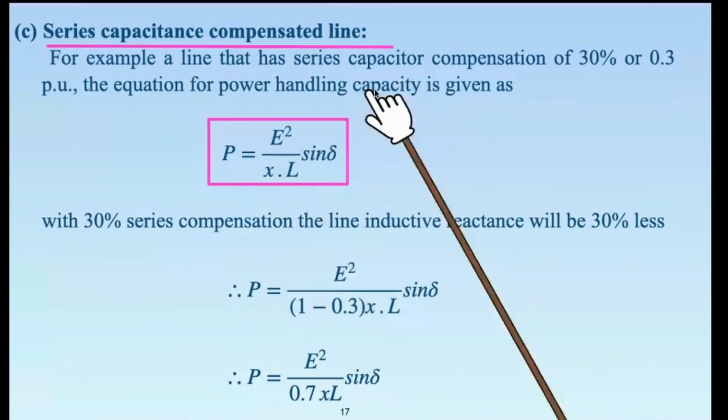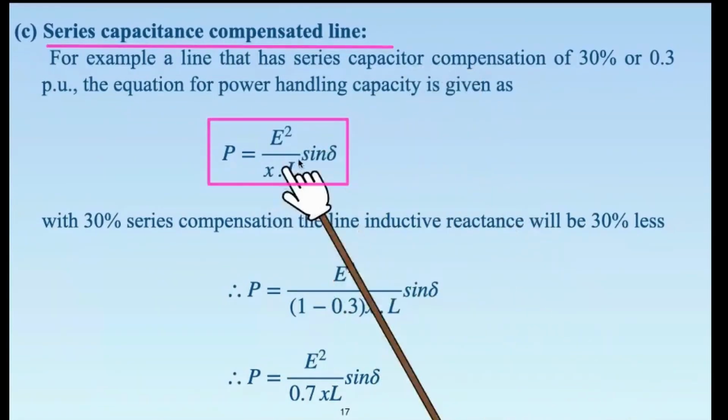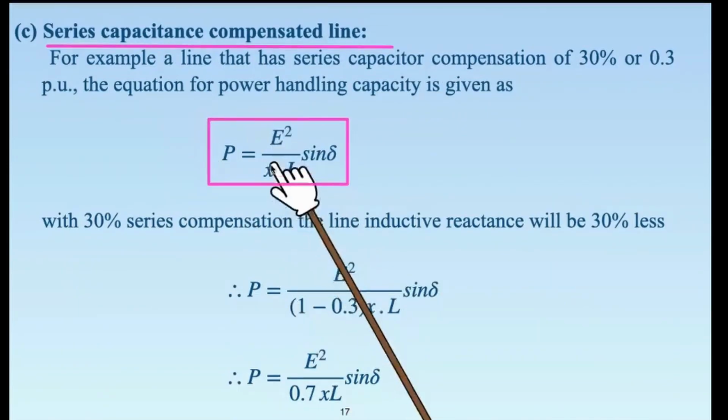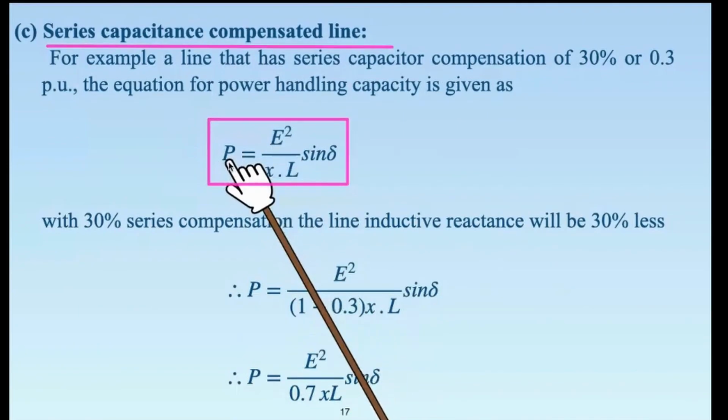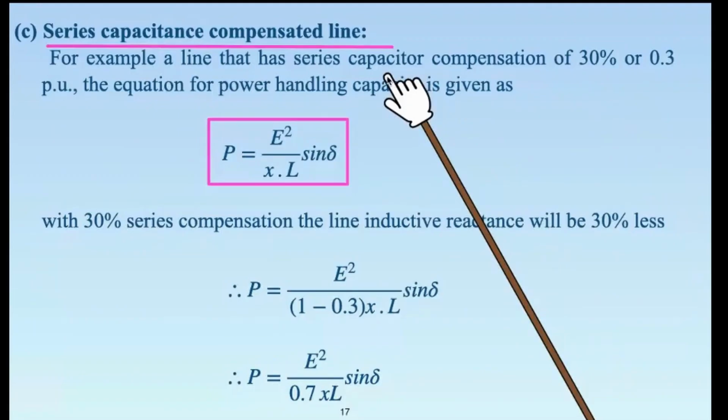So generally in first year you study that inductance and capacitance, they are opposite in nature, so they cancel out. So that principle is used here to enhance the power handling capacity. To some extent, we can provide series capacitor compensation. It has got its own advantages and drawbacks.